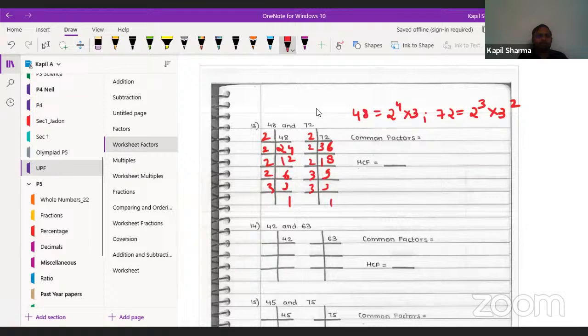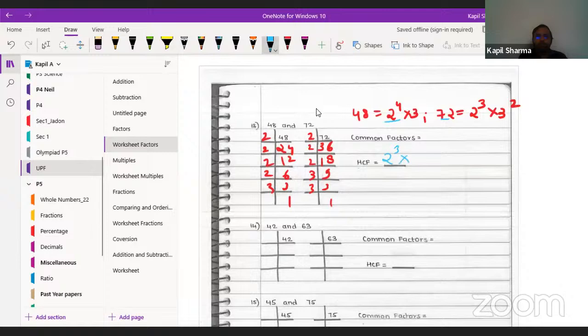So HCF is, yes, Swastik, 18. No. Swastik 2.